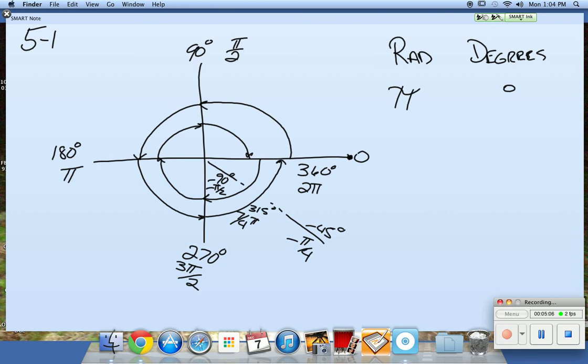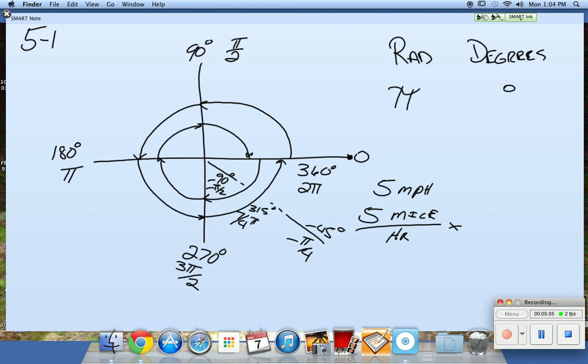Remember, if we wanted to go miles per hour, and we wanted to know how many feet per hour we went, there was a conversion for that, right? If I was doing, let's say, 5 miles per hour, and I wanted that in feet, I would do something like this.